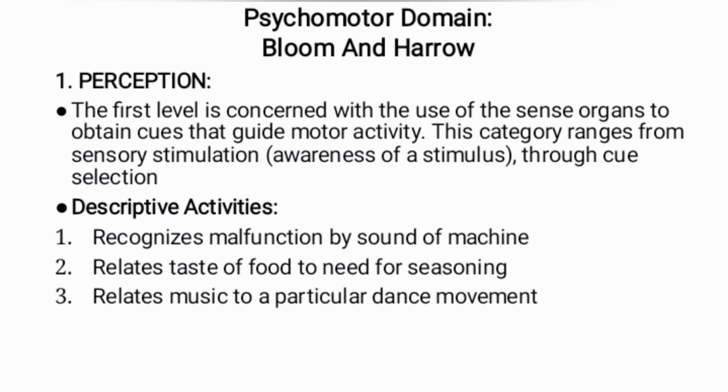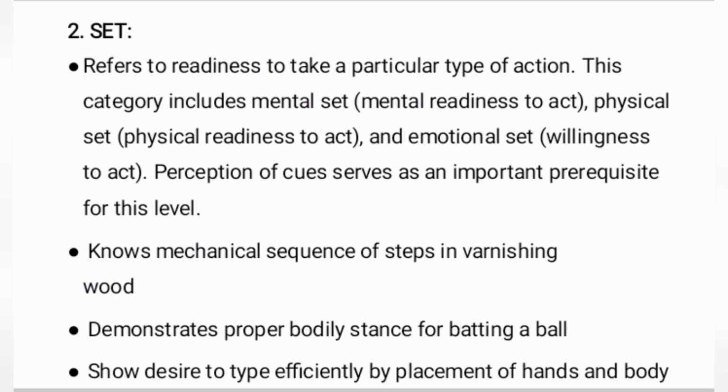The second step is known as set, which refers to readiness to take a particular type of action. This category includes mental set, mental readiness to act; physical set, physical readiness to act; and emotional set, which is known as willingness to act.